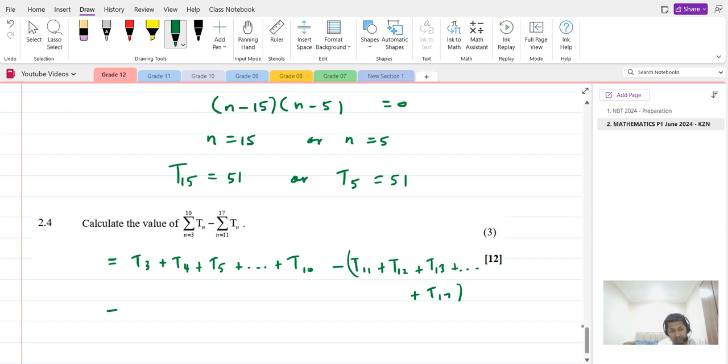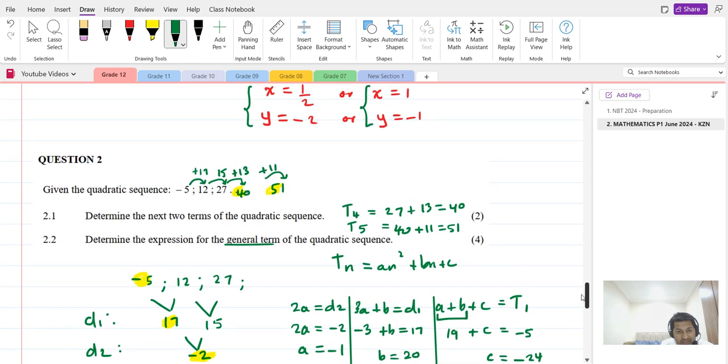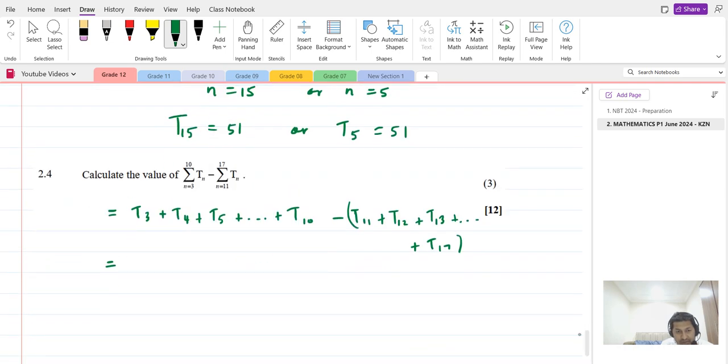I think we need to find the pattern here. What was term 3? Term 3 is 27, then 40 and 51. Let's write 27 plus 40 plus 51 plus dot dot dot, I'm doing the first part, plus term 10.